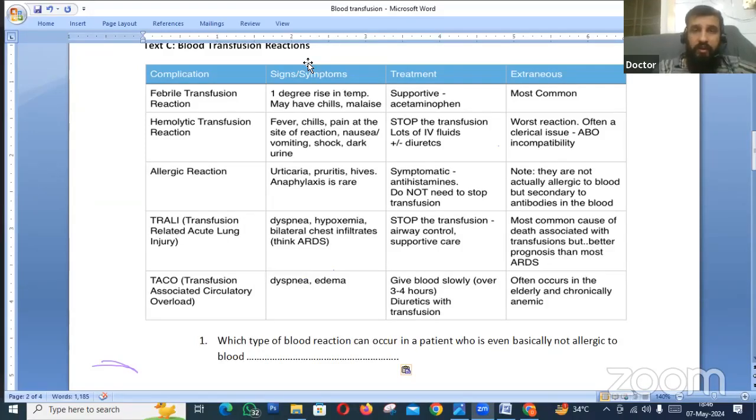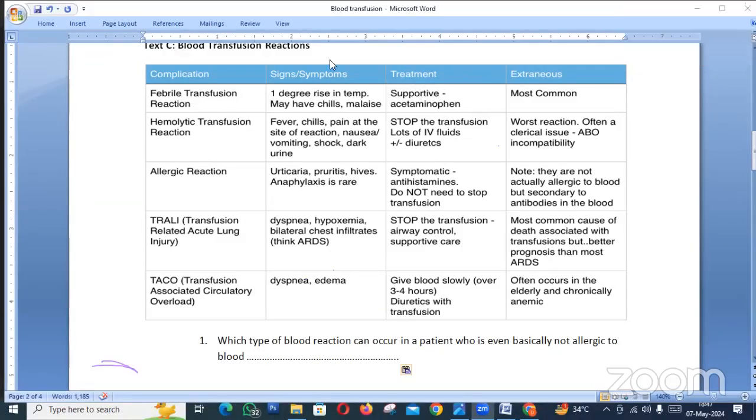Who will participate and explain to me what the answer is? Yes, please. Who will participate? Dr. Ahmad. Yes, sir. Yes, please.